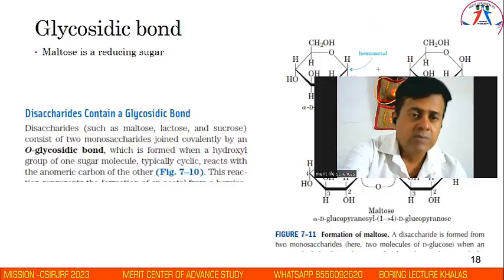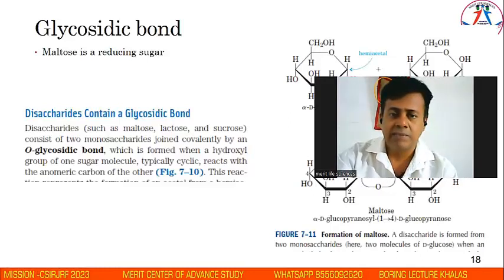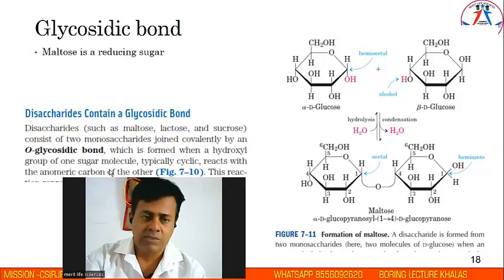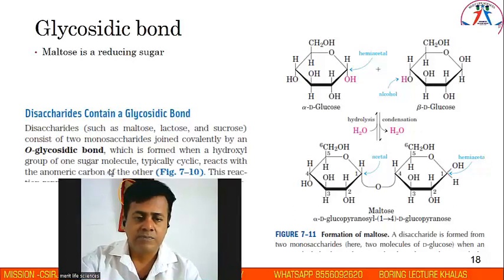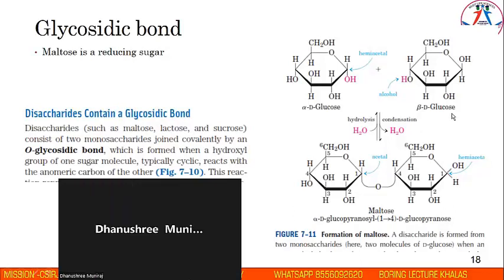So my duty is to make you aware of all these things. Okay, so we will now discuss the glycosidic bond. Have you heard about the glycosidic bond? Yes, sir. What is this bond? The joining of monosaccharide units.